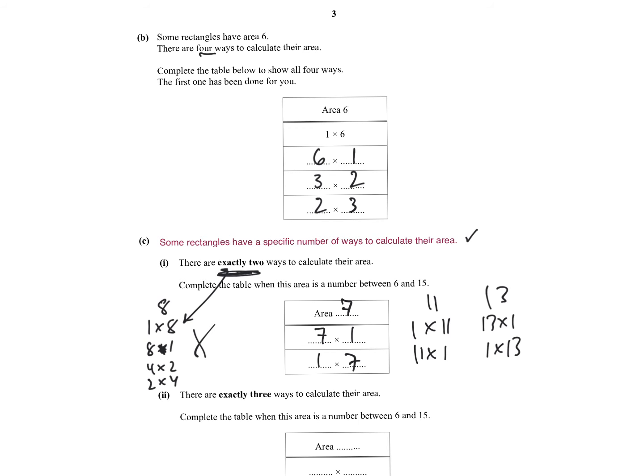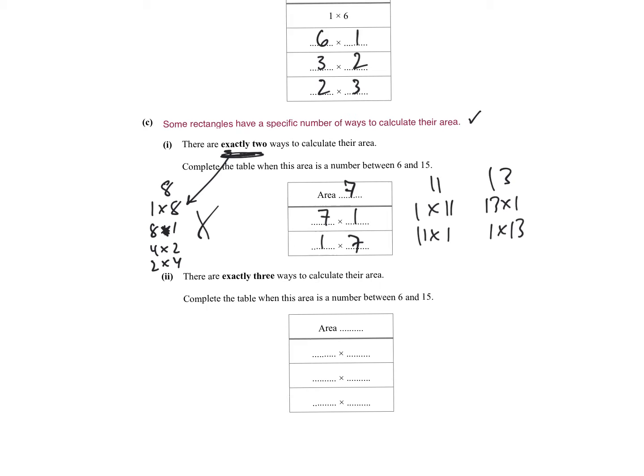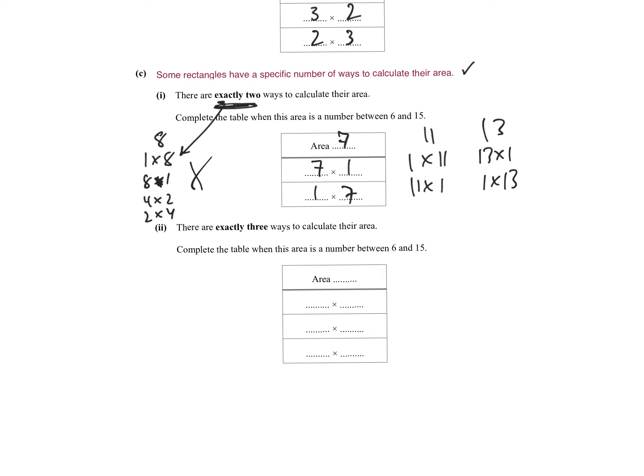Then the next question, still investigating the same idea, but 3 ways to calculate. The ways that we've seen so far have been an even number of methods, where you've got a first set that is the reverse of the other, and a second set that's the reverse of the other.